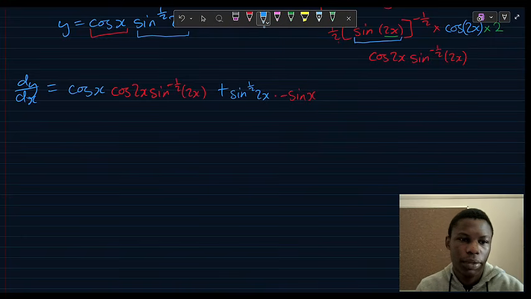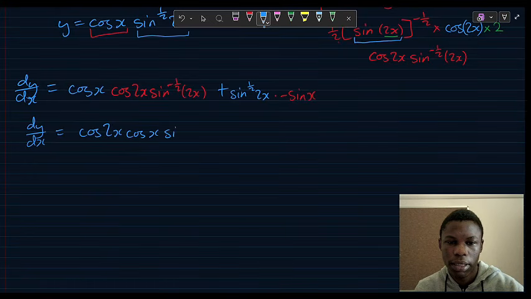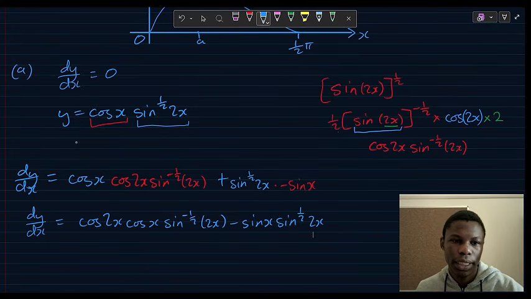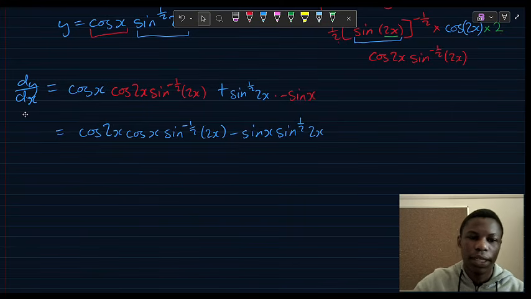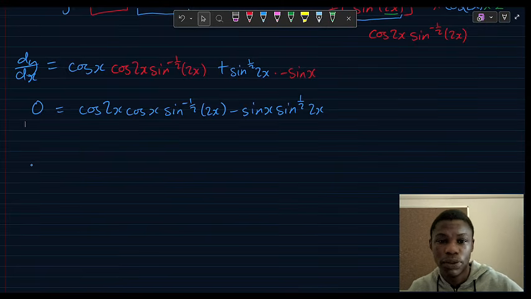Okay, let's just rewrite this as dy dx is equal to cosine of 2x cos x sine to the negative half of 2x minus sine x and then sine to the half of 2x. And because we are interested in a stationary point, we know that dy dx has to be 0. So this whole thing has to be equal to 0. And now we need to find a way to solve our equation here.